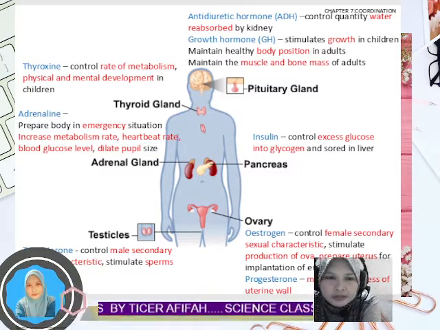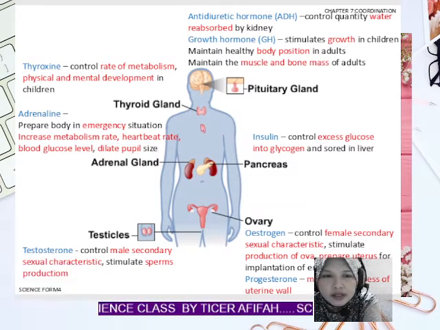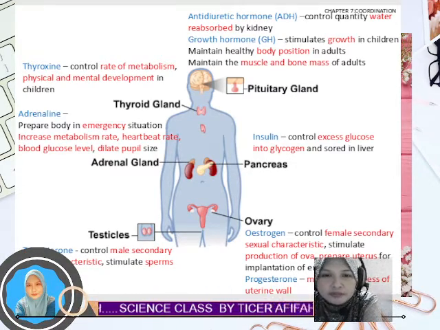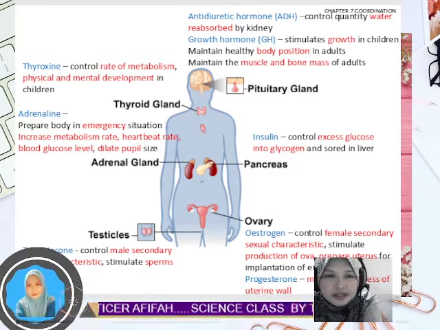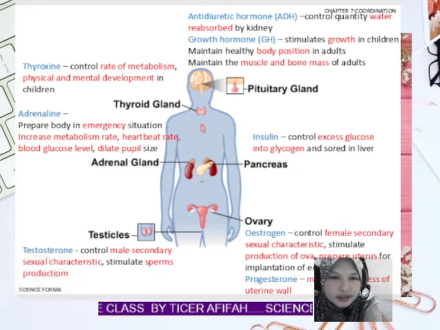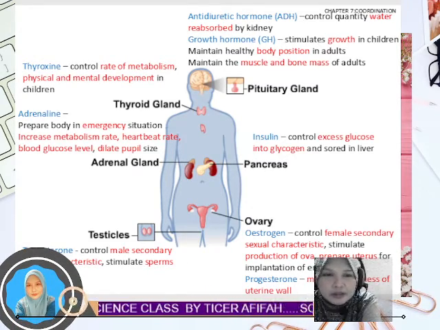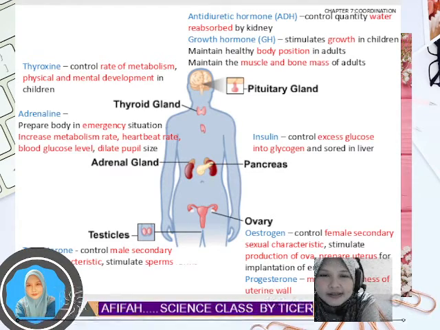The thyroid gland produces thyroxine that controls the rate of metabolism, and physical and mental development in children. The adrenal gland above your kidney produces adrenaline that prepares your body in an emergency situation like the example just now. It increases metabolism rate, heartbeat rate, blood glucose level, and dilates pupil size.